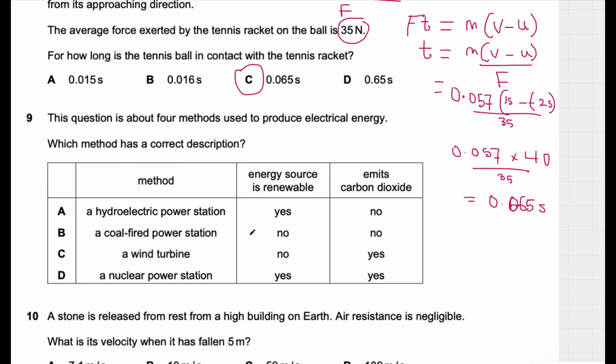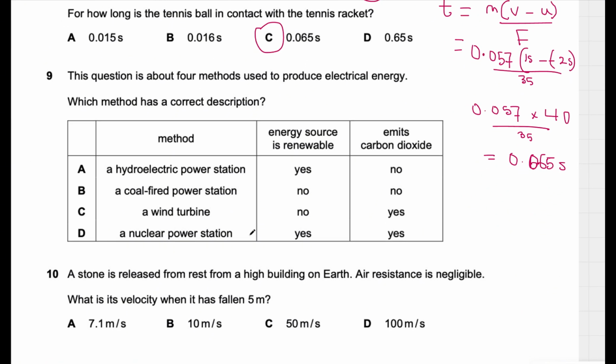Okay, now let's move to the next question quickly. This question is about four methods used to produce electrical energy. Which method has a correct description?